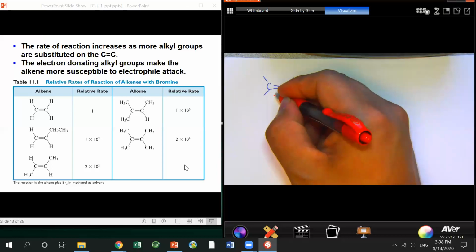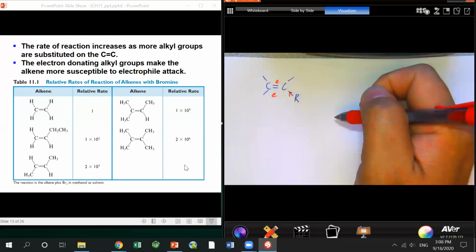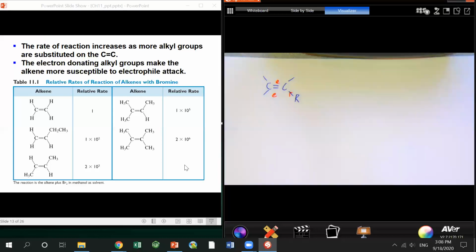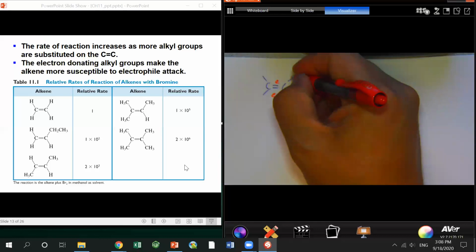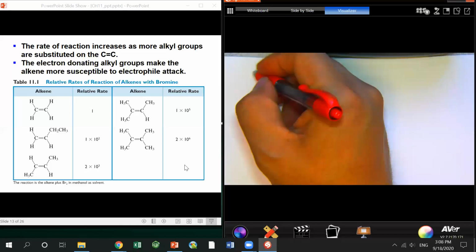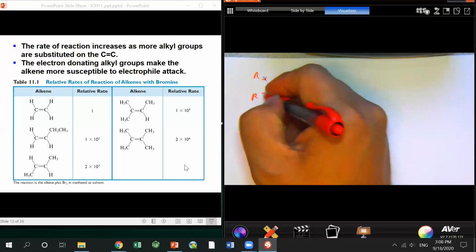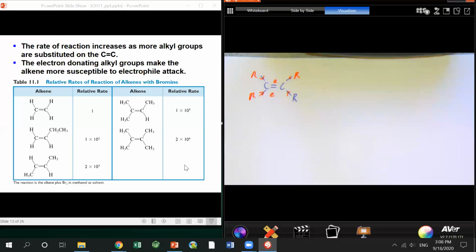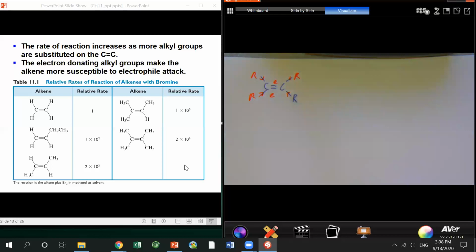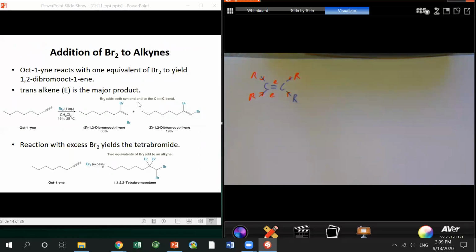The more electron rich, the more it likes to pick up an electrophile and do the addition reaction. With two alkyl groups it is even more electron rich, then three, and up to four. So the more alkyl groups, the richer in electrons the pi bond, and the easier it carries out electrophilic addition. That's pretty easy to understand.